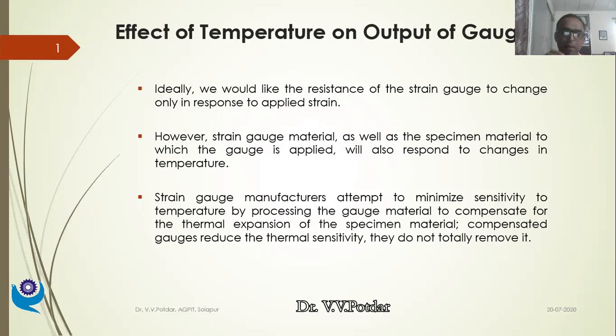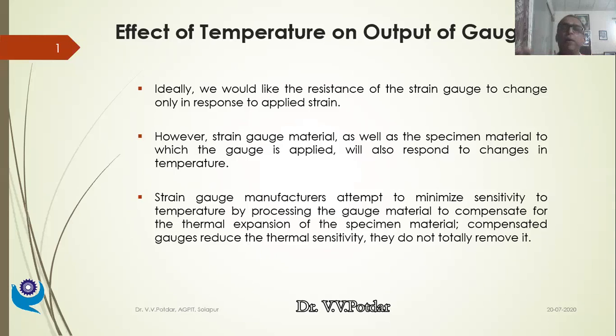R1 is subjected to delta R, which is equal to delta R epsilon plus delta RT, whereas delta R2 will be equal to delta RT alone. It is not subjected to loading, not to any strain. It is subjected only to temperature change. So whatever resistance change is happening in the dummy gauge is only because of temperature change.